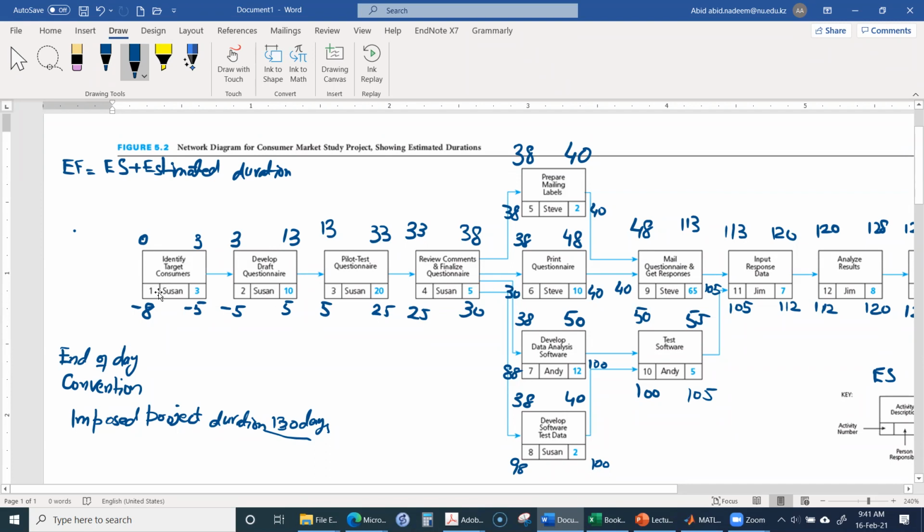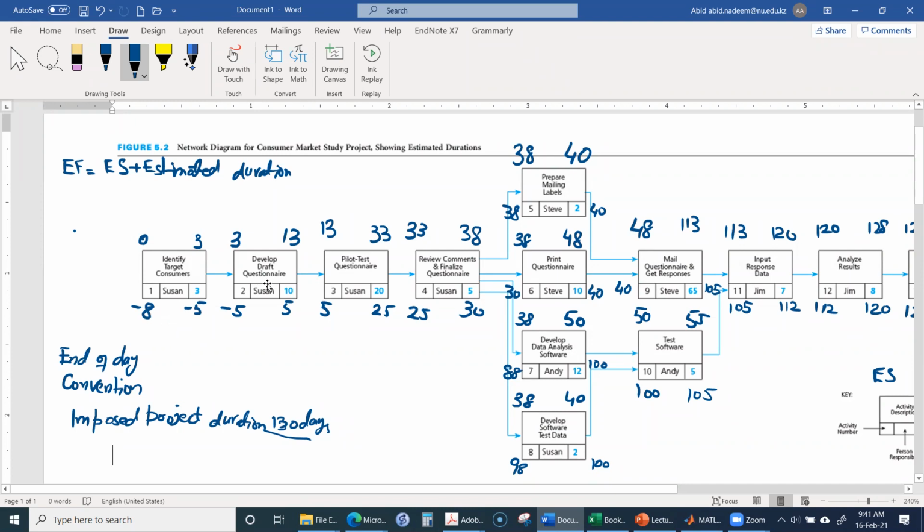So for example, this activity, this activity, and similarly, this activity, this activity. Why can we say that these activities need to be started earlier? Because for example, for this activity 1, the earliest start time was 0, but the latest start time is -8, which means that we need to start this activity early.